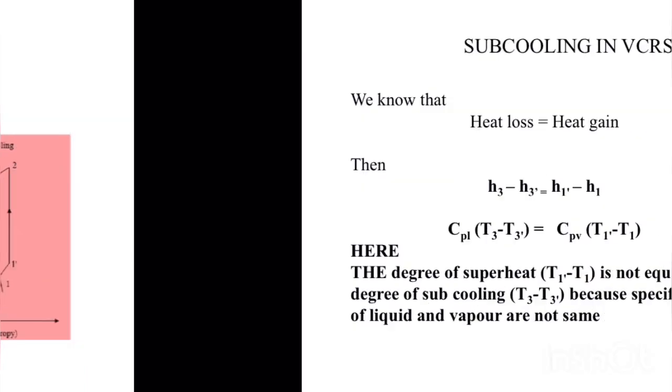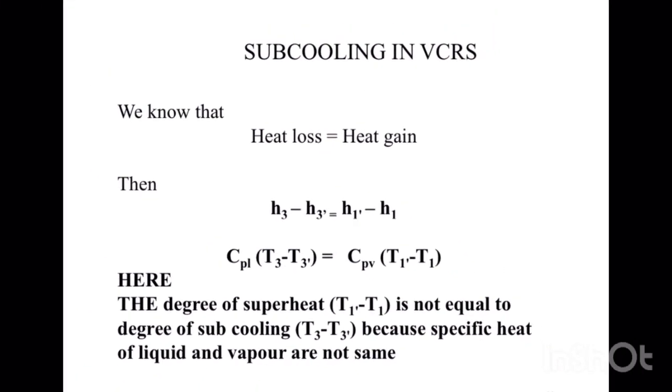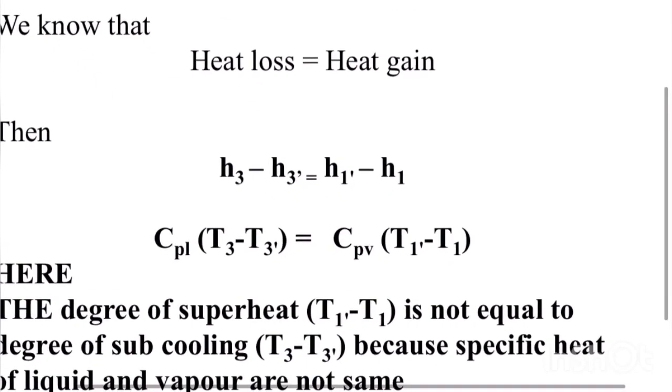If we want to represent this in temperature, then the specific heat comes in. 3 to 3 dash is in the liquid region, so the specific heat of liquid is different from the specific heat of the vapor refrigerant. So we write Cp of liquid, Cpl, multiplied by (T3 minus T3 dash), equal to Cpv, V meaning vapor, multiplied by (T1 dash minus T1).